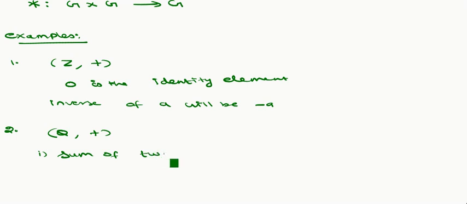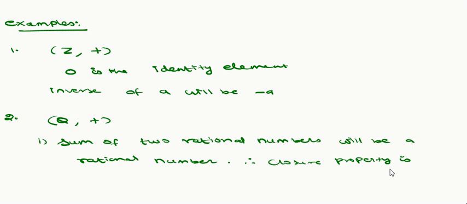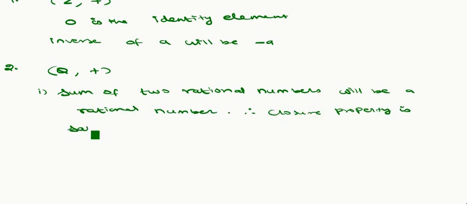The sum of two rational numbers will be a rational number, therefore the closure property is satisfied.